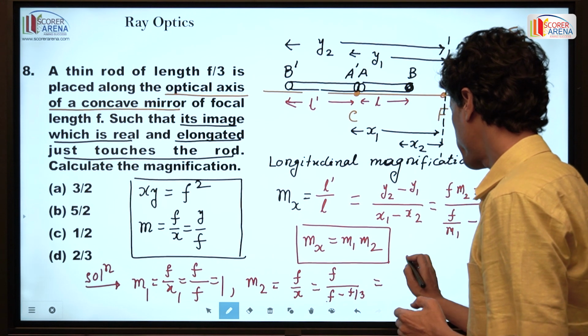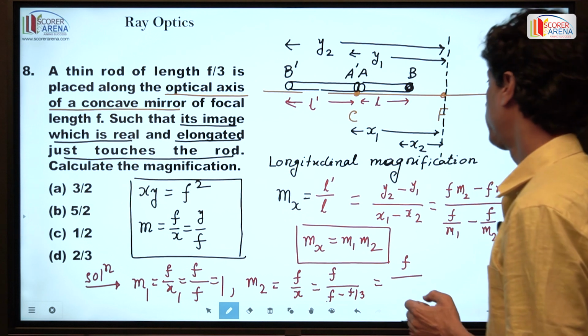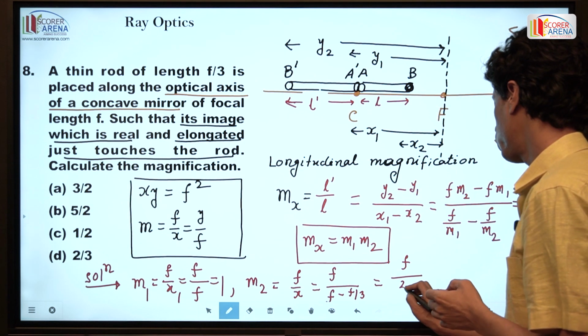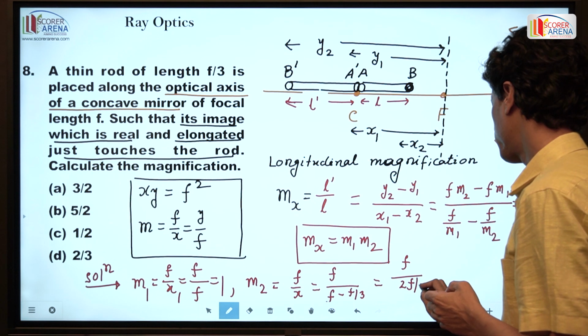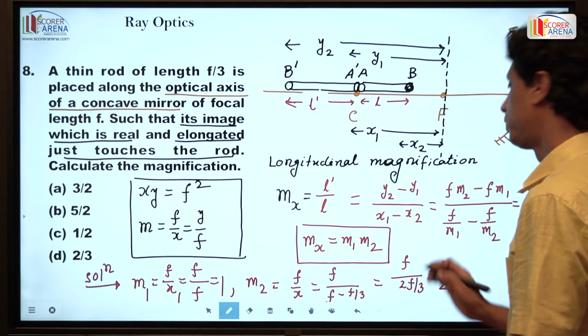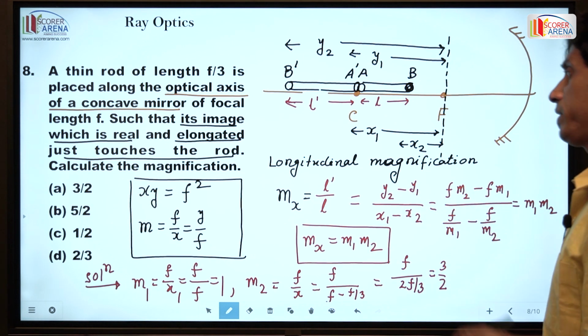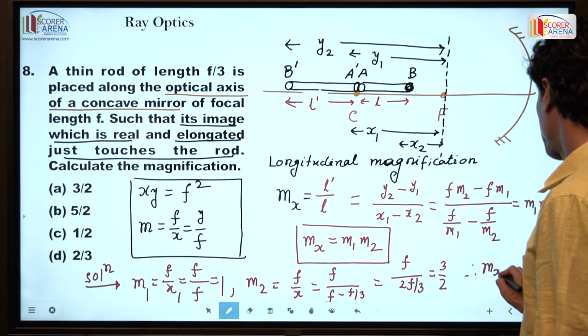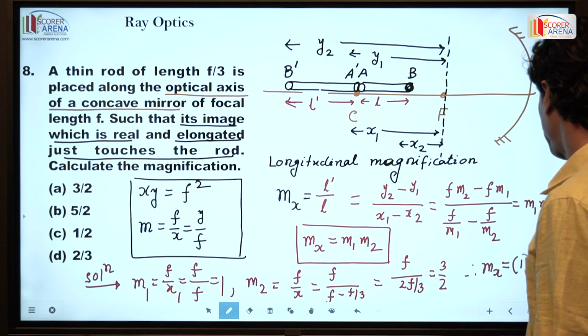The distance of point B from the focus is equal to 2f by 3. Therefore it is 3 by 2. So the magnification mx is equal to 1 into 3 by 2.